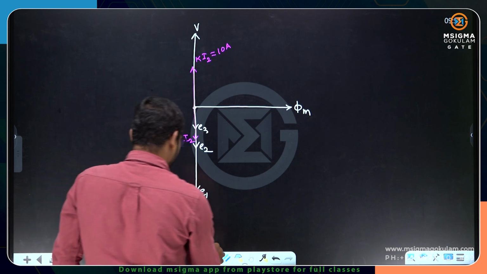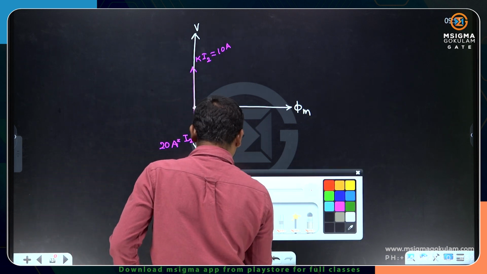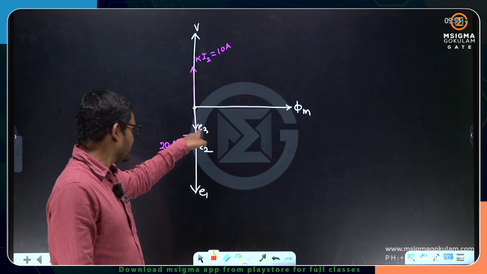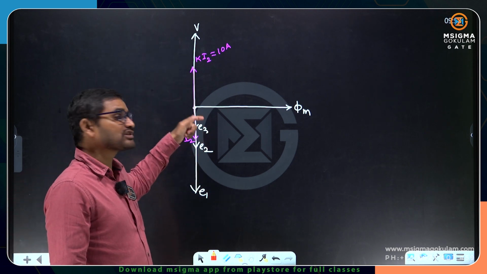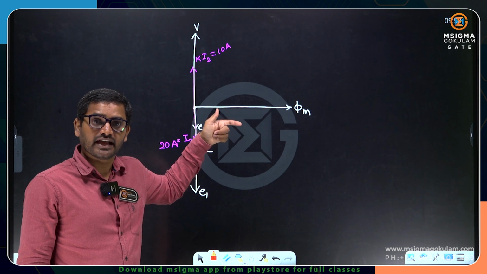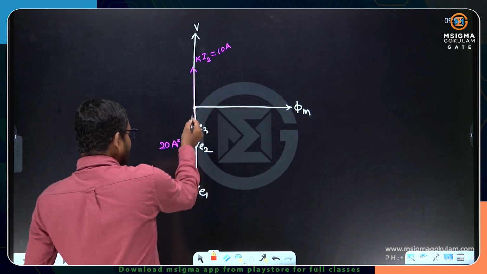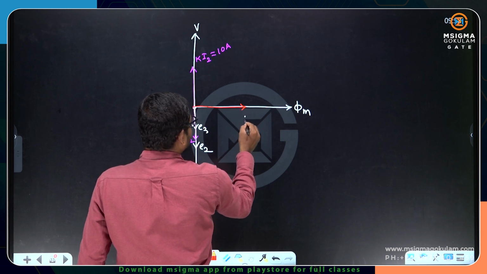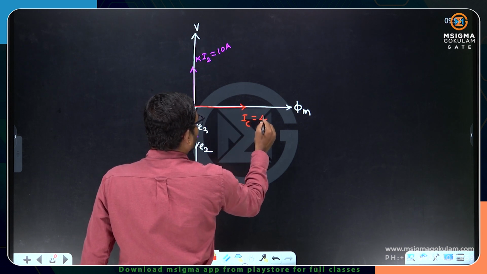Now capacitive nature. If you look at capacitive nature, current should lead with respect to EMF. So E3 is the third winding. The third winding is going to drive the current through the capacitor at 90 degrees lead. So here is the EMF, 90 degrees lead means in this direction. So this is my IC. How much do I have? 40 amperes.